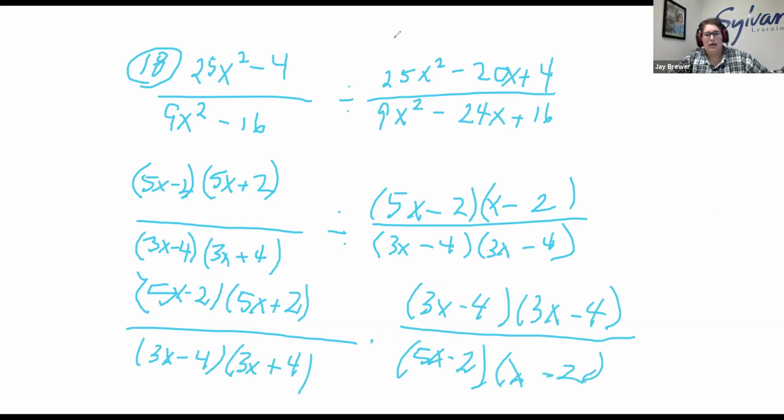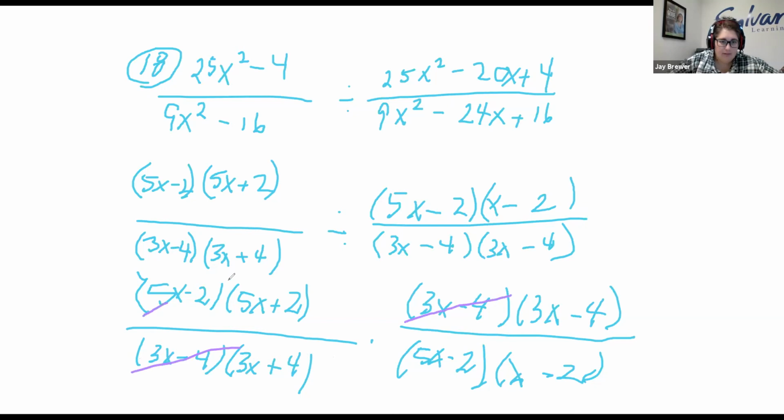What do we notice happens? Doesn't the bottom cancel out? Not completely, but yes. So we have 3x -4 and we have 3x -4.